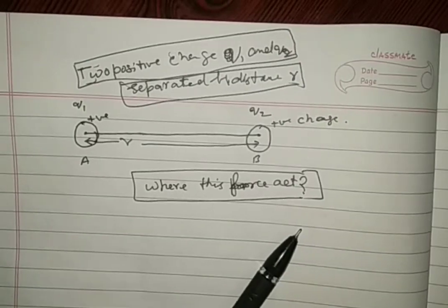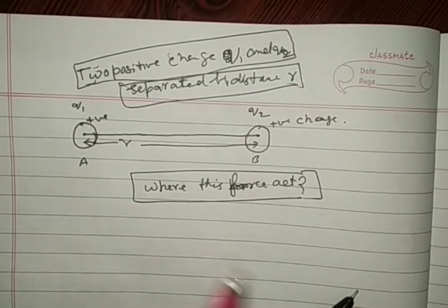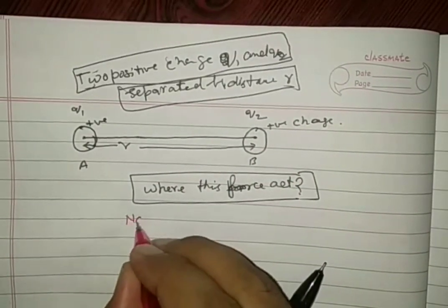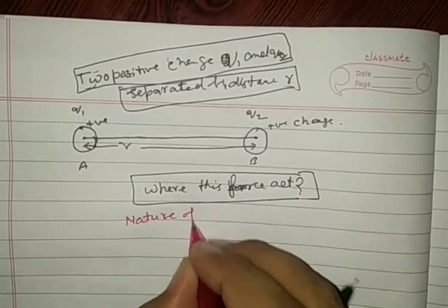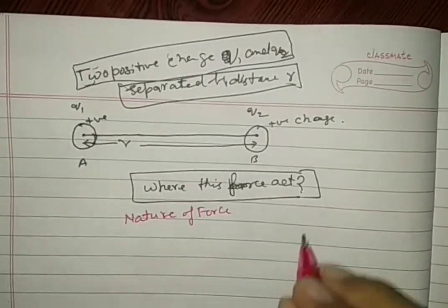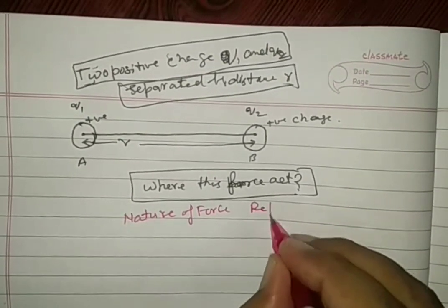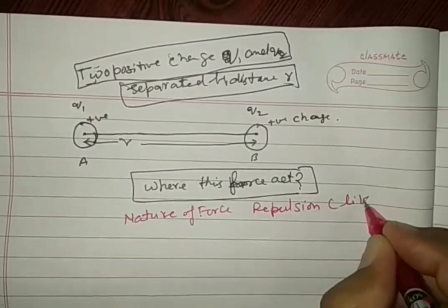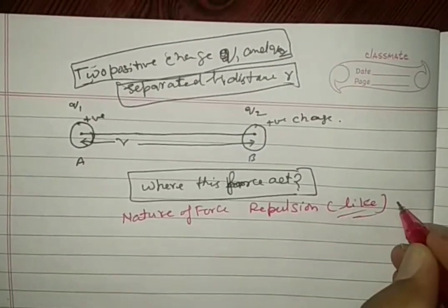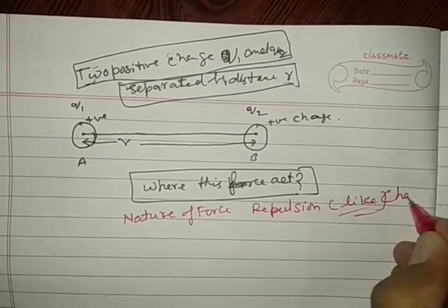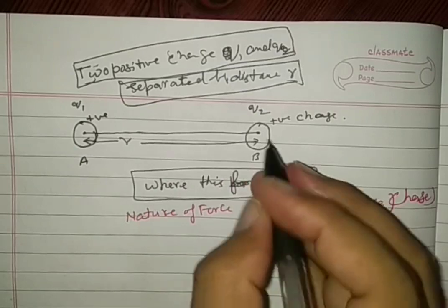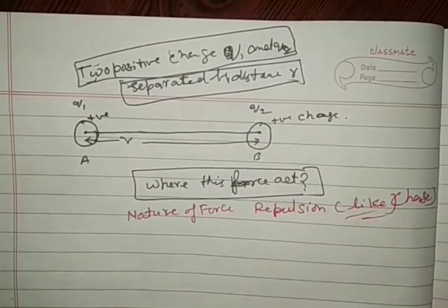To answer it, see carefully, if both are positive, the nature of the force is repulsion, because both are like charges. In that condition, both point charges experience a force.